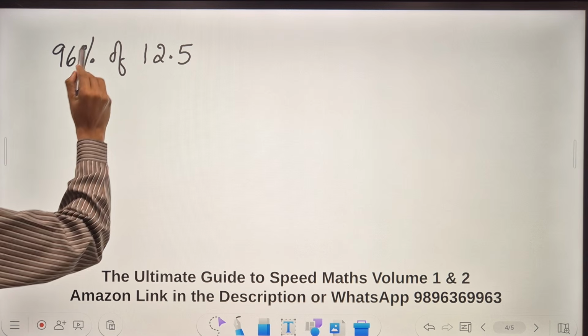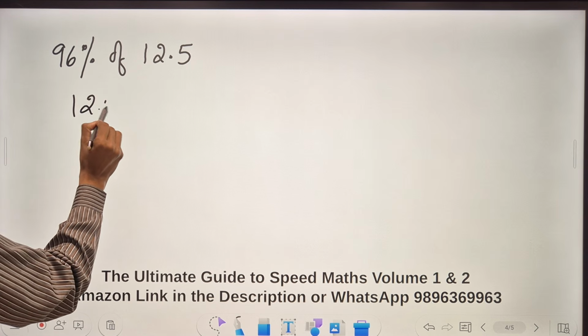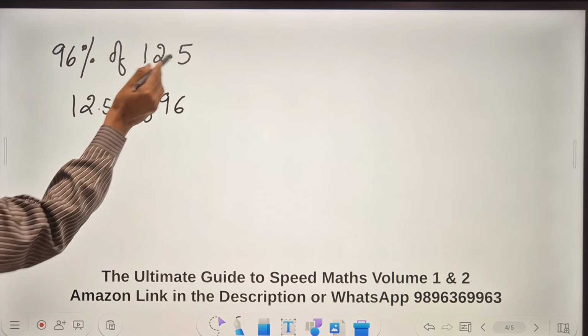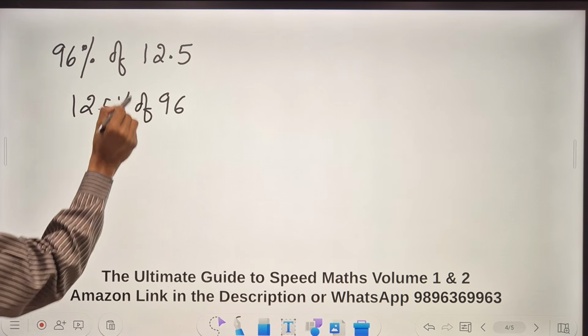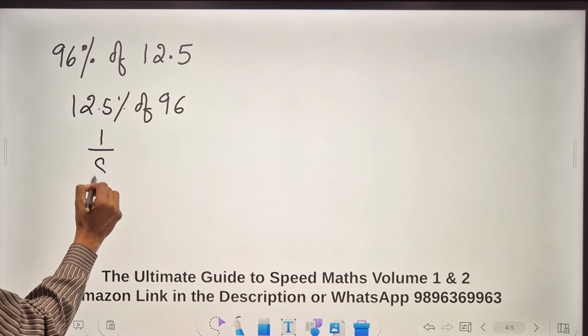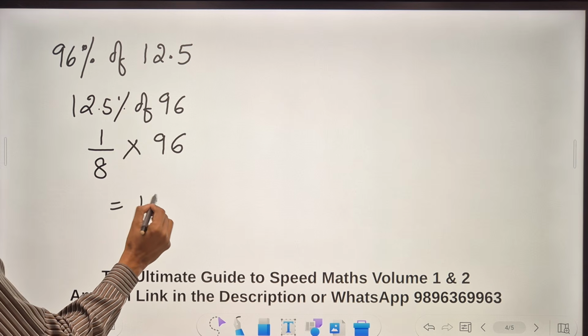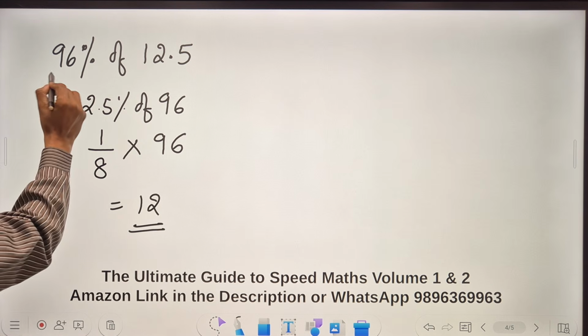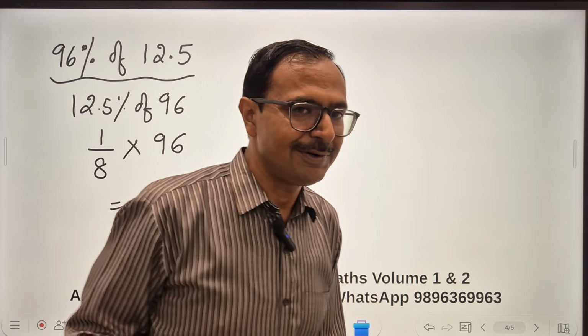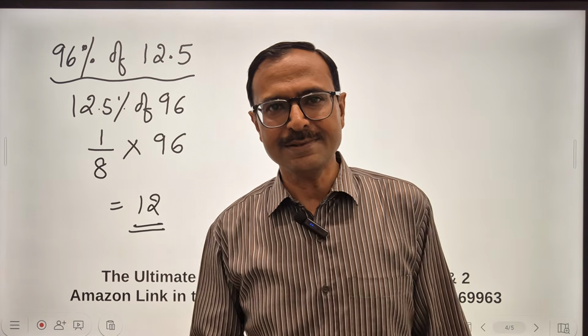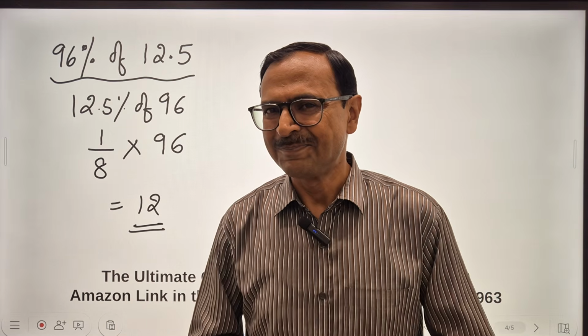Now, I have to do 12.5% of 96 because this percentage is easier to handle. And if you know 12.5% is exactly 1/8 and 1/8 of 96 is exactly 12. Now how about finding 96% of 12.5? Tough job, right? But 12.5% of 96, so very easy.